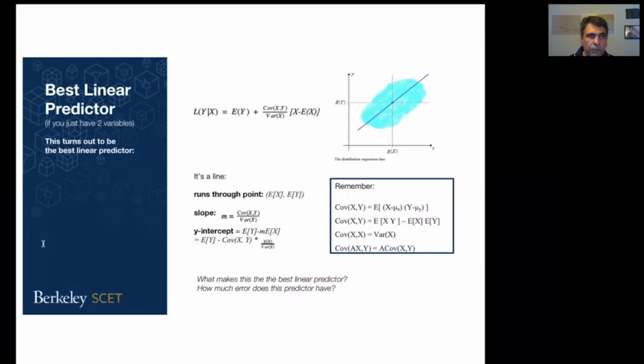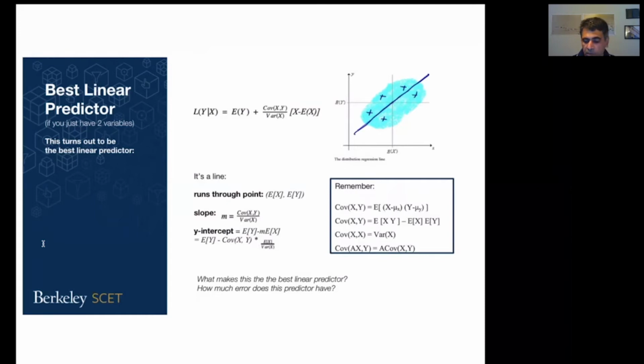Now, if we do want to use a line as a predictor, this is how we would basically do it. First of all, we've got data from the table, and you can think of it as various points on this graph. Clearly, we're looking for a line that's going to be a good fit through all of this data.